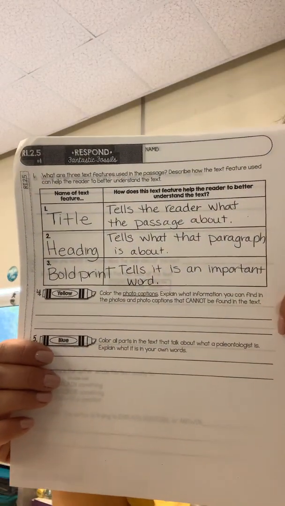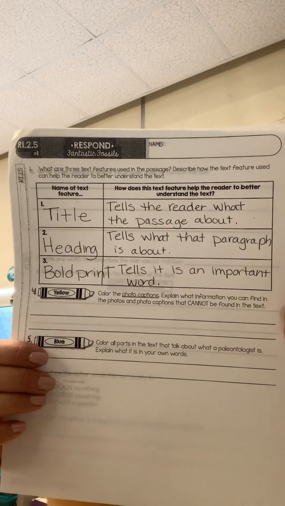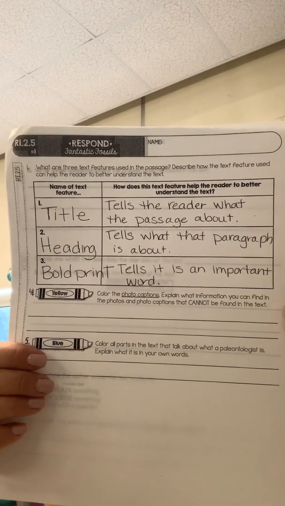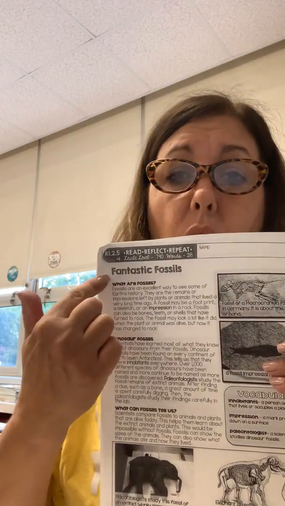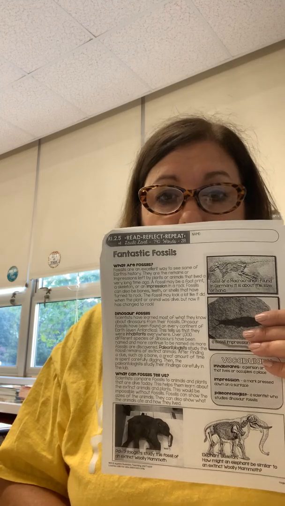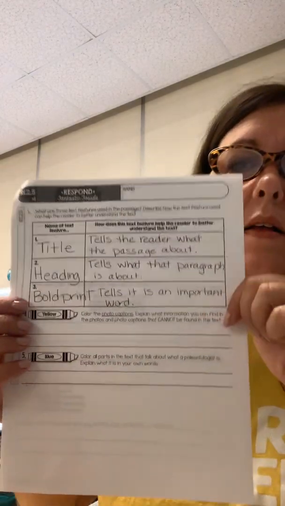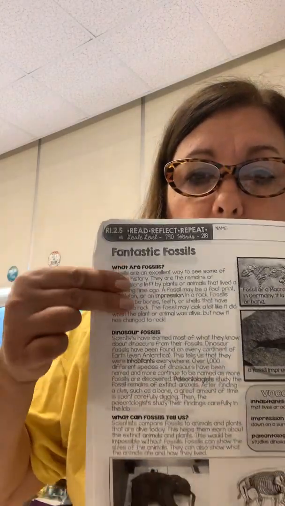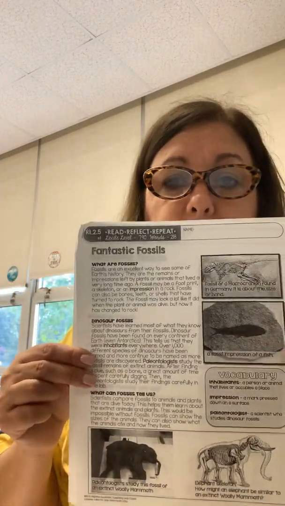Now, I did this rather quickly, but the title tells the reader what the passage is about. So here my heading tells me that this whole passage is just going to be about fossils. The headings tell me what each specific part of the passage is about, breaking it into chunks.